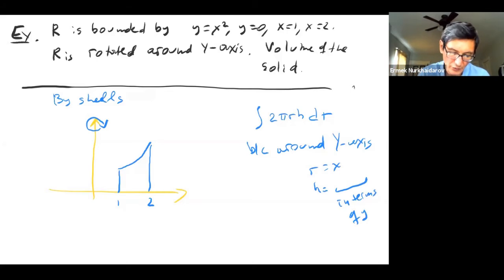Now let's try to actually do the drawing. When we do shells, we draw parallel to the axis of rotation. Then we have 2 points on the bottom, x and 0, and points on top, x and y. Then we rotate.